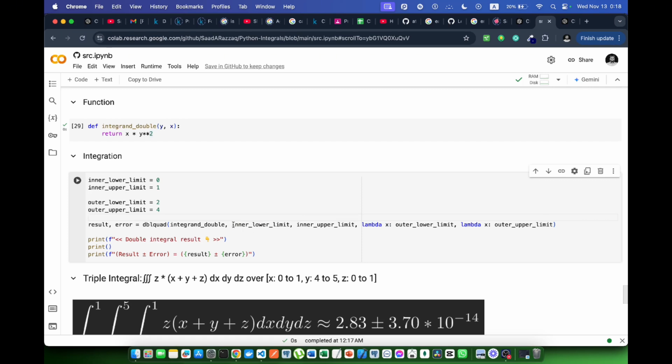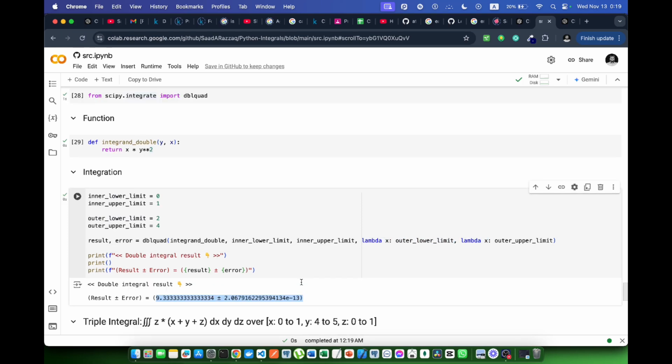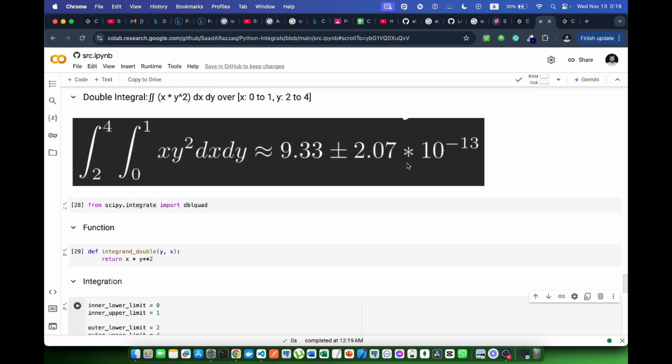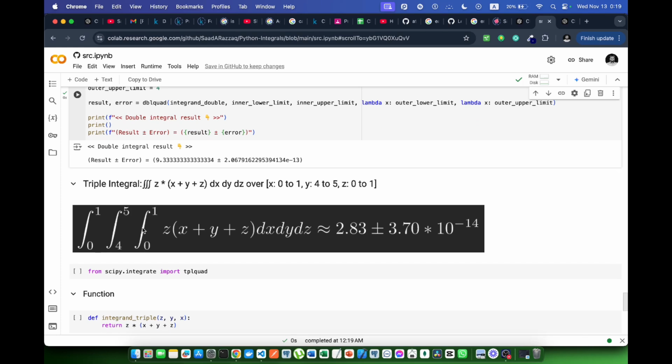And here you can see that with the inner upper and inner lower limit, we didn't add the lambda keyword because we didn't need it. Right now we want to perform double integration, that's why we are placing lambda with respect to outer limits. All right, 9.33 plus minus 2.06 into 10 to the power minus 13. The answer is correct.